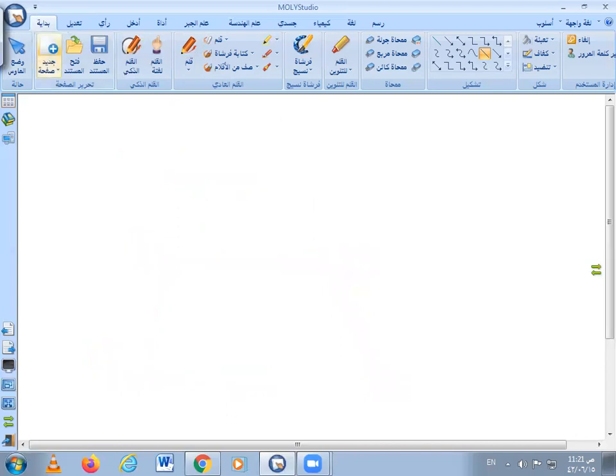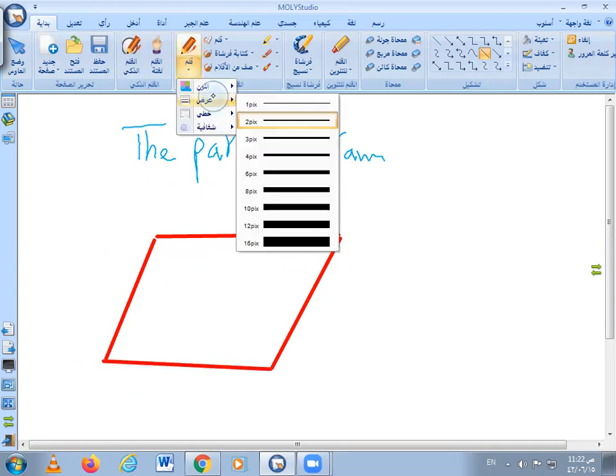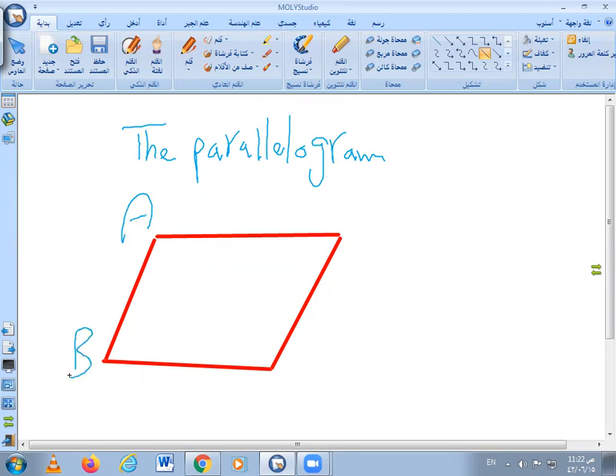And the other part is the parallelogram. We have here the shape A, B, C, D. We have line segment AD parallel to line segment BC, and line segment AB parallel to line segment DC.